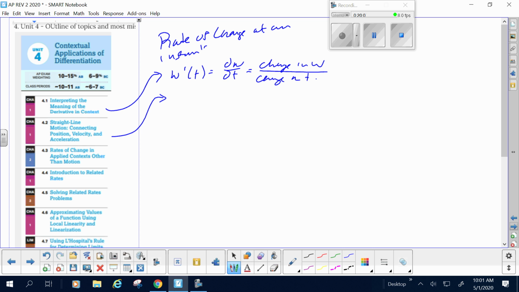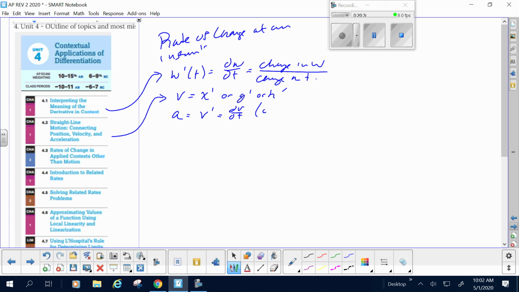Let's talk about motion and all the big ideas. I mean, we've done this a lot, but velocity is the derivative of position, whether it's y prime or h prime or whatever it might be. Acceleration is the change in velocity over time. So it's either dv dt, change in velocity over time, or v prime.